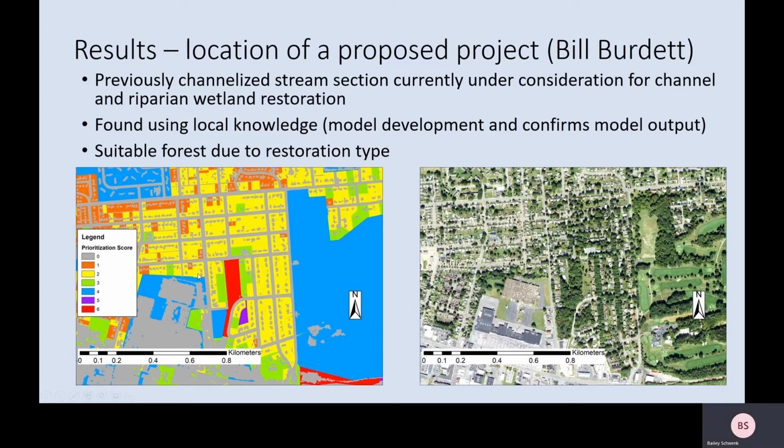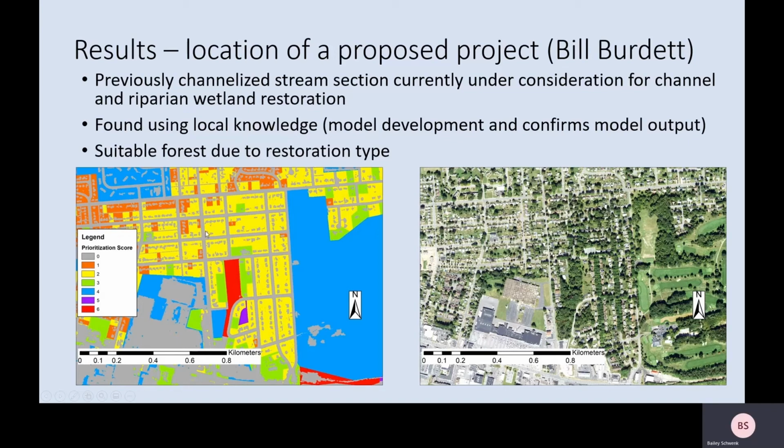Here is a location that is already under consideration for a BMP. It is a previously channelized stream that is being considered for channel and riparian wetland restoration. It was found using local knowledge of the area, not the model.